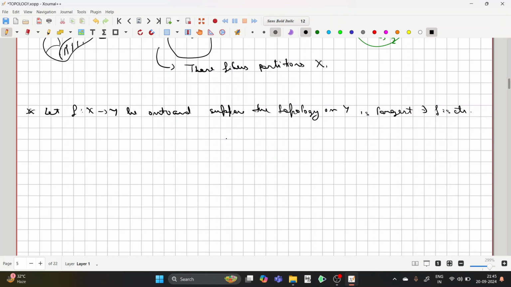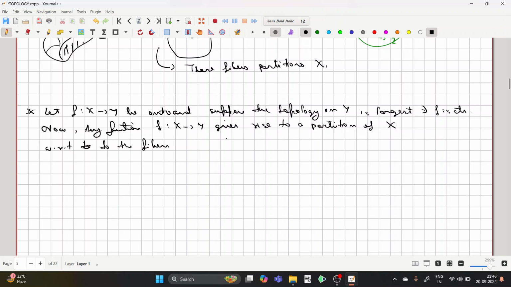Now, any function f from X to Y gives rise to a partition of X with respect to the fibers, so f inverse of the singleton set {y}, for example, for each small y in capital Y.